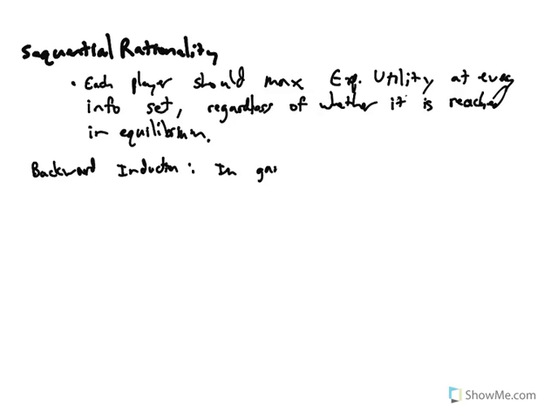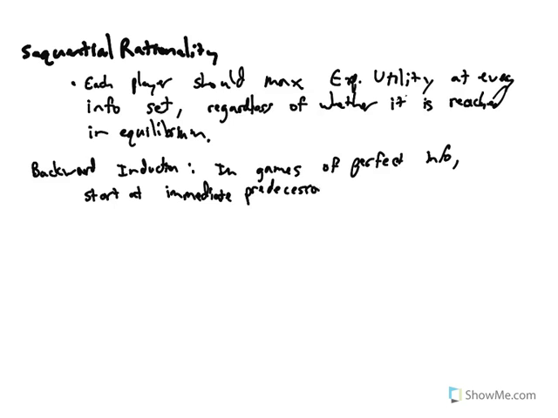In games of perfect information, start at immediate predecessor nodes to terminal nodes.